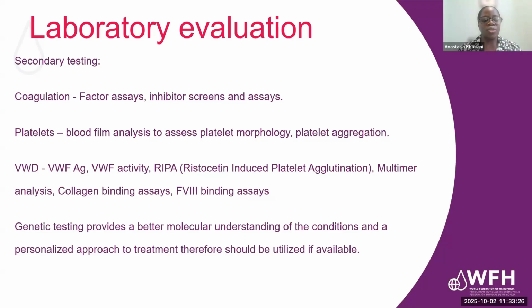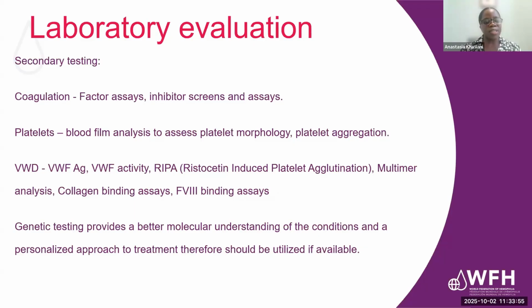Once you've done your baseline for von Willebrand's disease, you have to have your reference values for each, and then also do ratio calculations. Using those parameters, you can detect whether it's type 1, type 2, or type 3.